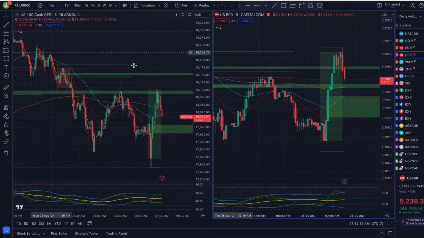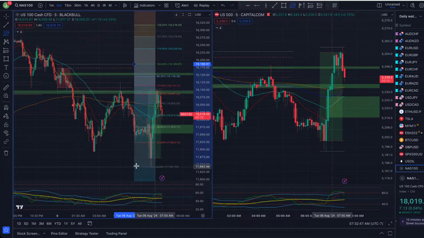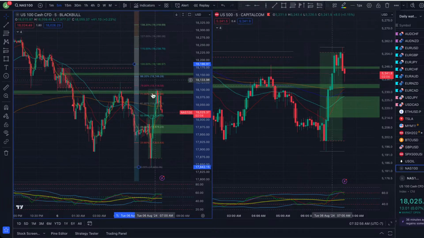We take London high to New York low. We're sitting right at that golden zone.